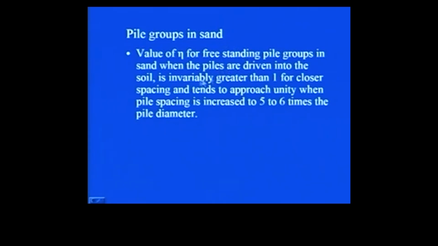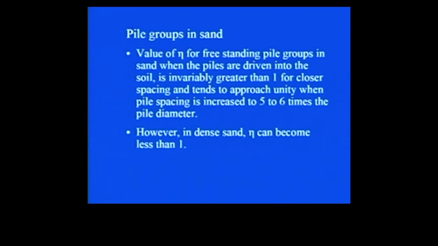So, in that case, for closer spacing, your eta value will be greater than 1. However, it will approach unity when you increase the spacing of the piles to 5 to 6 times the pile diameter. In dense sand, eta can be less than 1.